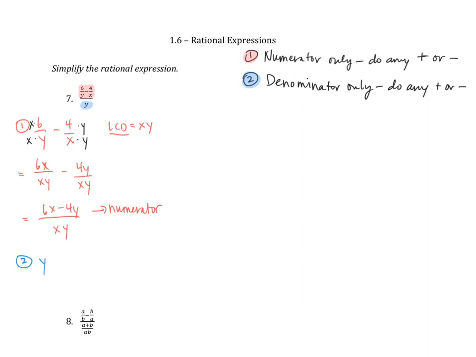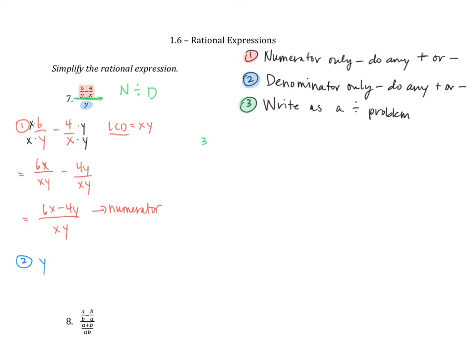The third step is write as a division problem. So we'll call this the green step. Remember that a fraction is simply a division problem rewritten. Okay, so this big fraction symbol is going to become a division. So what you're going to do is write it as numerator divided by denominator.